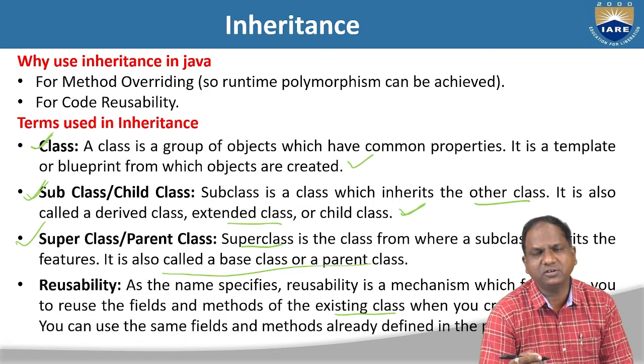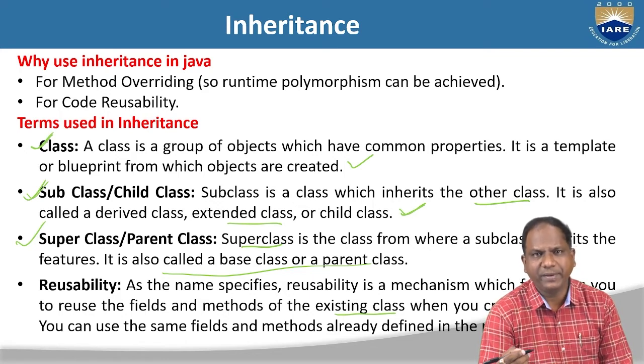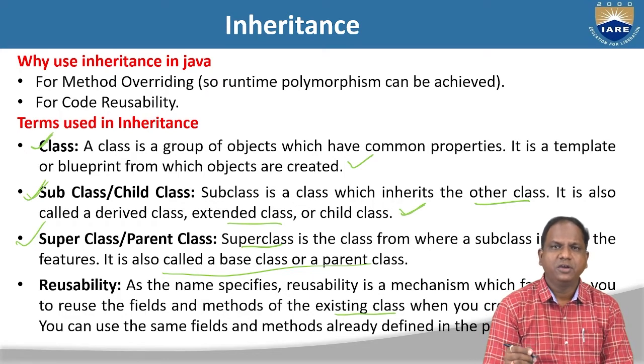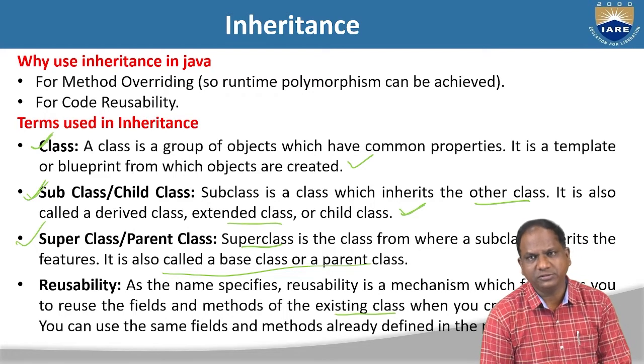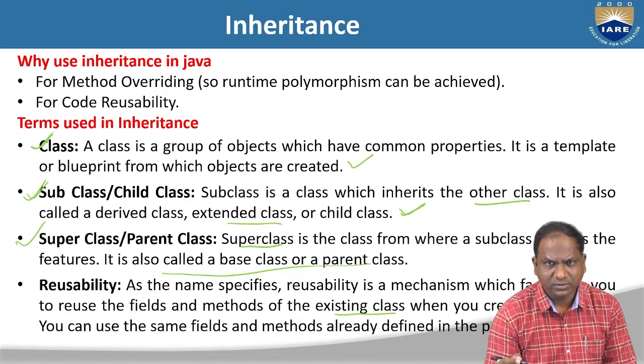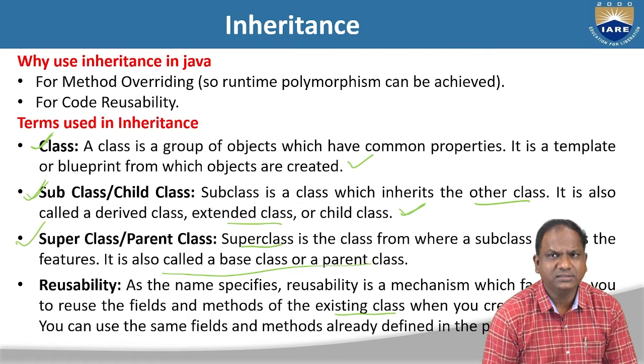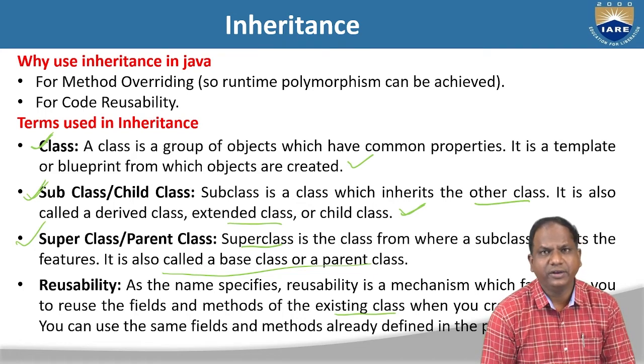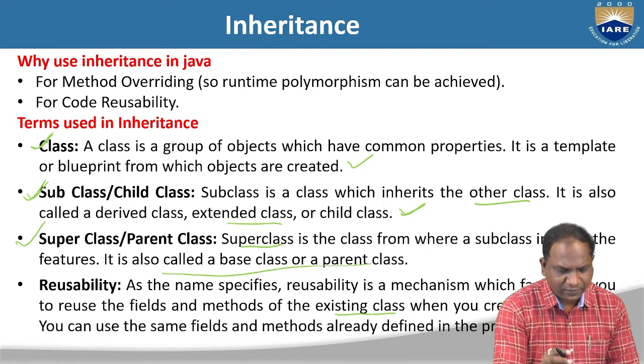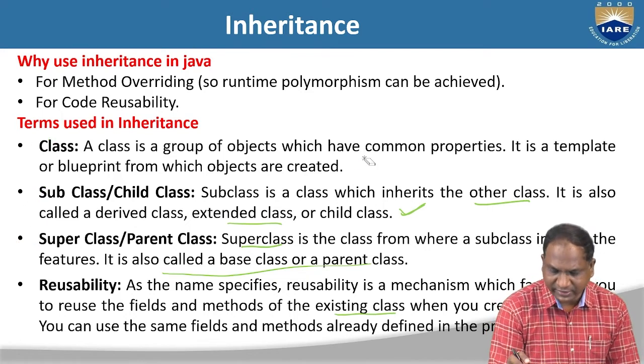This superclass is also called a base class or parent class. And one more important pointer is code reusability. You can reuse all the methods and fields already defined in the existing class when you are creating a new class. These are the terminologies used in inheritance.